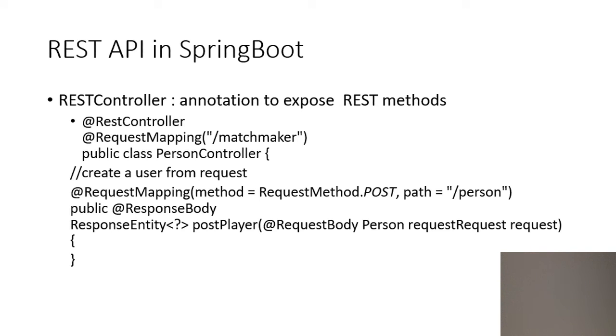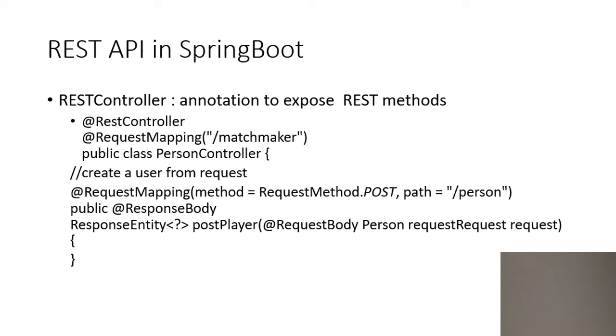How do we develop a REST API in Spring Boot? Like anything in Spring, it's based on an annotation. In this case, the annotation is @RestController, and you have to pass in a request mapping, which is the context root for this particular API. In this case, we are saying /matchmaker. And for this particular API that is exposed, we are saying the method has to be POST, which is @RequestMapping with RequestMethod.POST, and the path is /person.